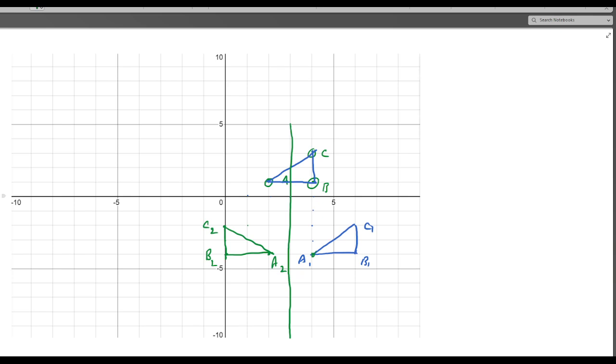It is 2 units right and 1 unit up, so here it will be 1 unit right and 2 units down. So this is your A3 point. Now this B3 point will be on this line only, but it will go down.